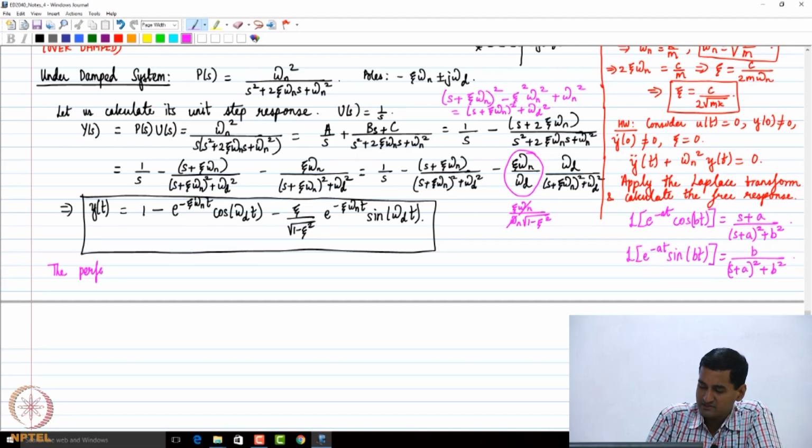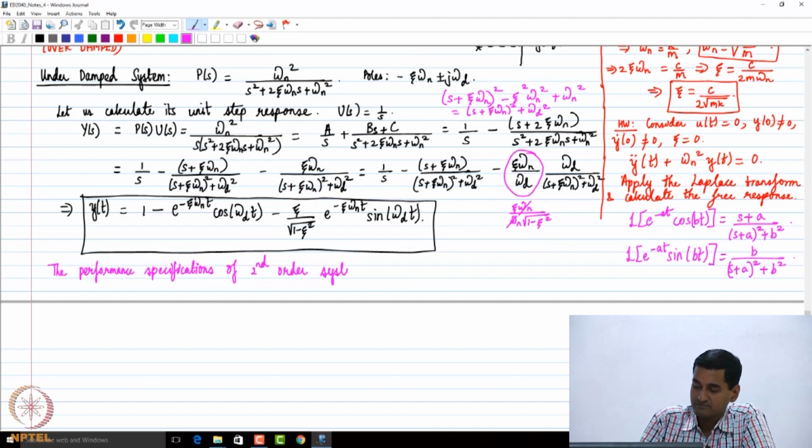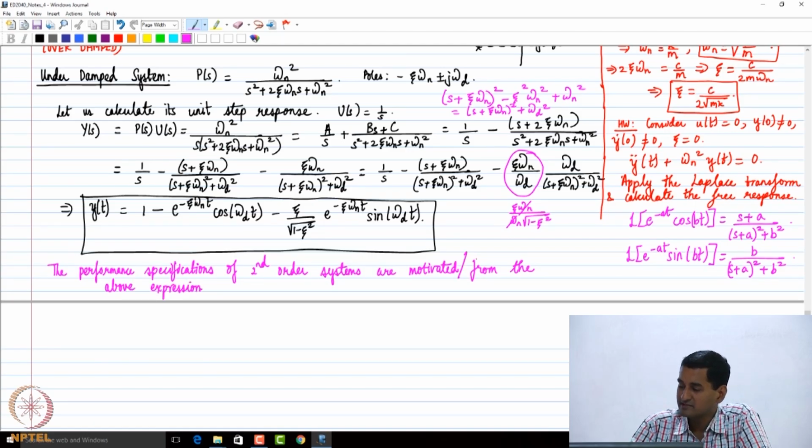Okay. Now, typically the performance specifications of second order systems are motivated, or rather derived, from the above expression.